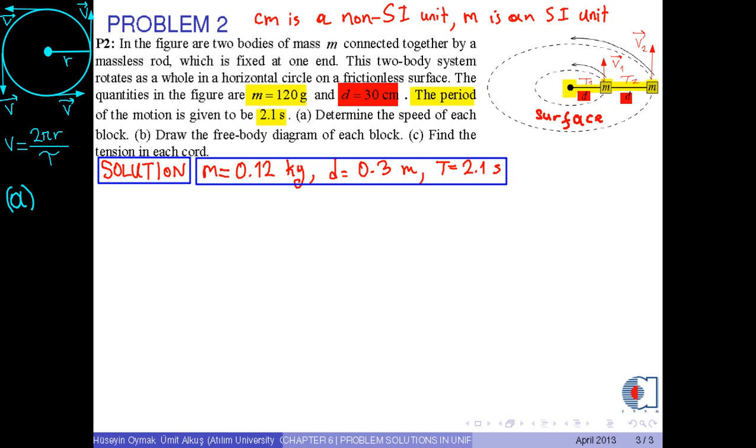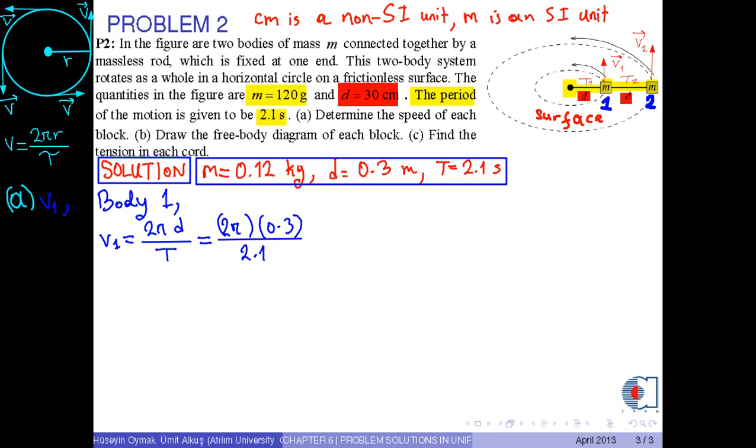Now, for simplicity, we'll label the bodies as 1 and 2 respectively. Therefore, the speed of body 1 is written as v1 equals 2 pi times d over T, then put the numerical figures into the corresponding places as 2 pi times 0.3 meters divided by 2.1 seconds.